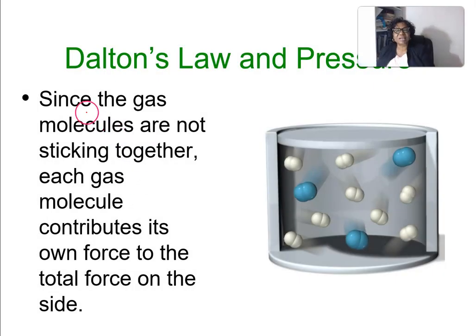Since the gas molecules are not striking together, each gas molecule contributes its own force to the total pressure on the side. So that is how we can use the properties of gas to explain all these laws.